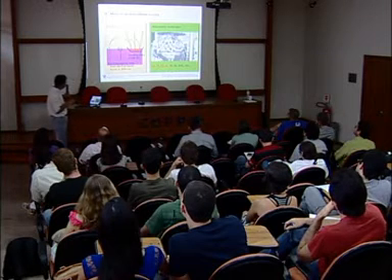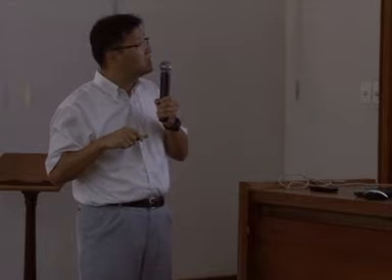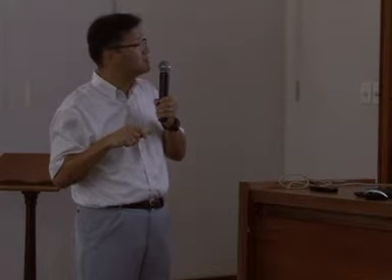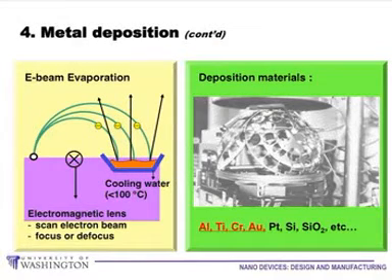This is the working principle. We have some material here, and we generate electrons from the tungsten filament, and those electrons are guided by a magnet, and then the material is evaporated in the chamber.